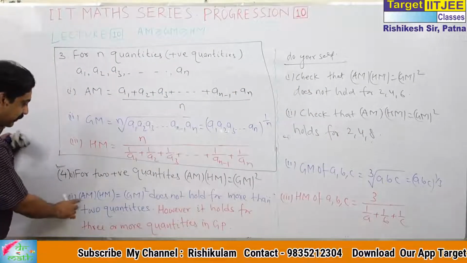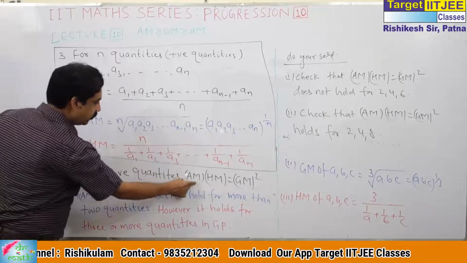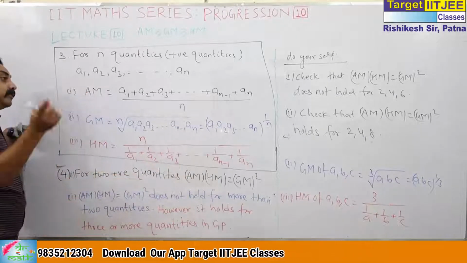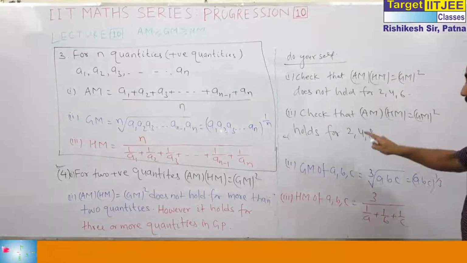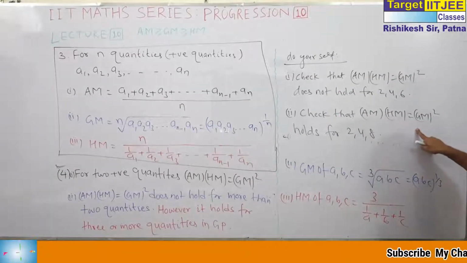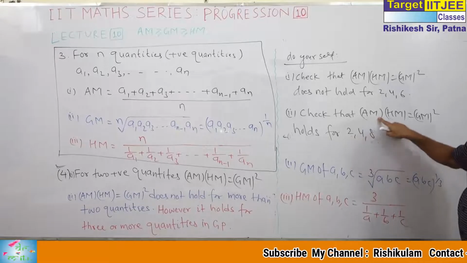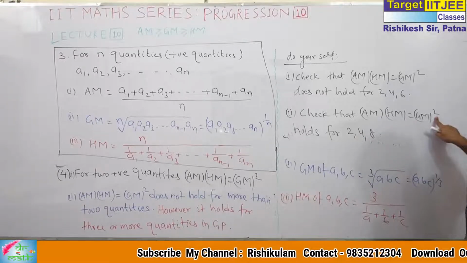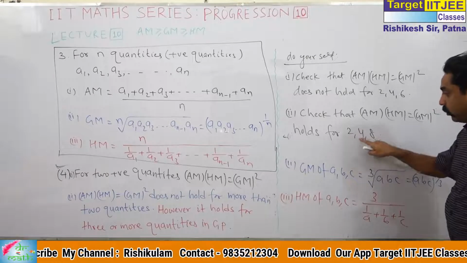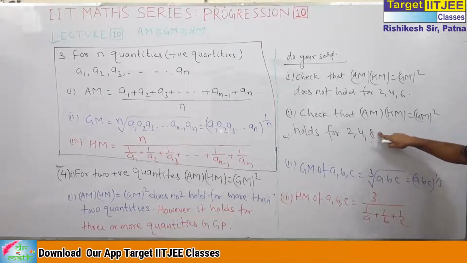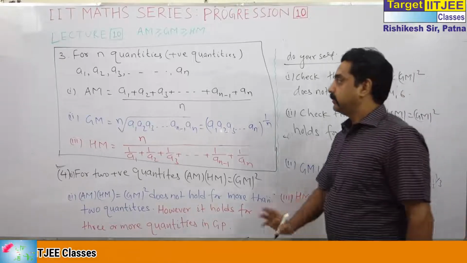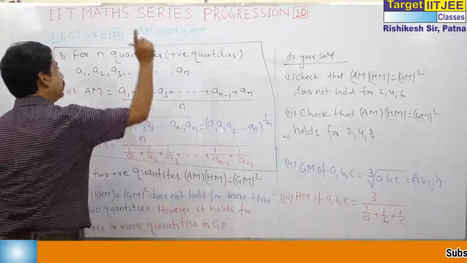What I have written: AM into HM equals GM squared holds for two quantities, and does not hold for more than two quantities. I have taken three quantities; however, it holds for three or more quantities. There are three quantities, but AM into HM equals GM squared holds. Why? Because 2, 4, 8 are in GP.